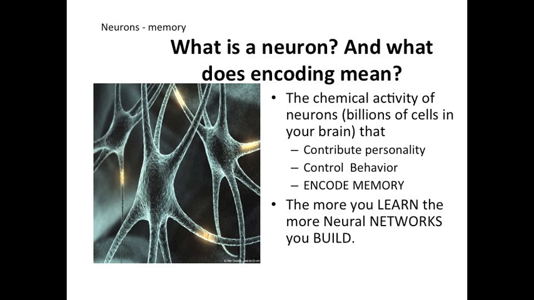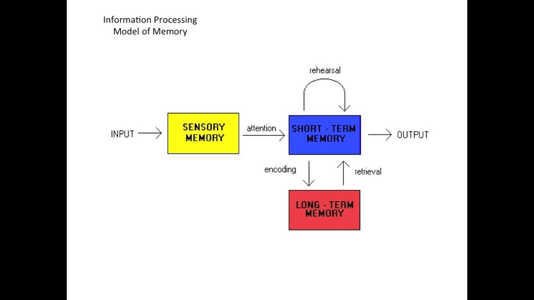And we talk about memory using metaphors. Memory really is a chemical activity in the brain, but we're going to talk about some models of how we understand memory. The first model of memory is the information processing model. This model is not in your textbook, but I have a little image here in front of you to give you an idea of how to understand this.